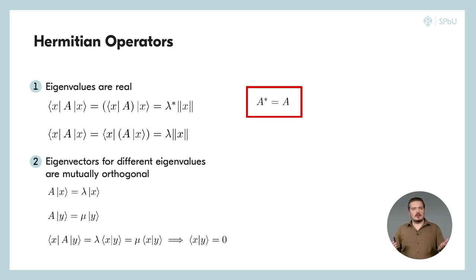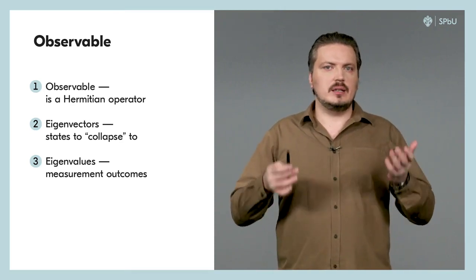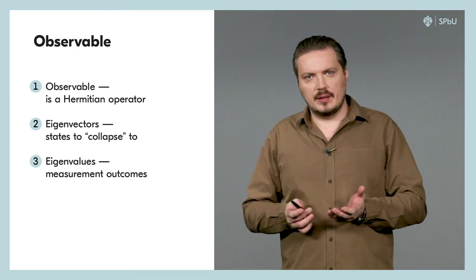So each Hermitian operator defines an orthonormal basis. And we remember that each orthonormal basis in the state space defines a set of possible values of the system measurement. So now we can give, at last, the strict mathematical definition of an observable of a quantum system with a finite-dimensional state space. And here it is. An observable is a Hermitian operator acting in the state space of the system.